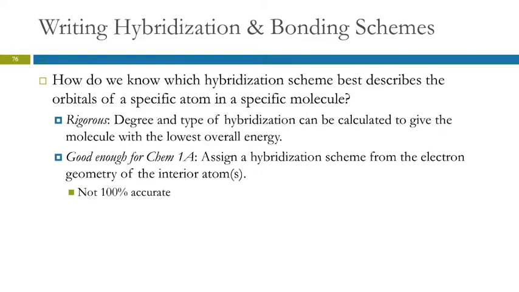We're going to assign a hybridization scheme based on the electron geometry of that interior or central atom. So we're going to use VSEPR theory, looking at number of electron groups, and use that to predict the hybridization. It doesn't work 100% of the time, but it works most of the time, and that's going to be good enough for us. And I won't give you anything that's an exception on an exam, and I don't think there would be anything in the homework either.